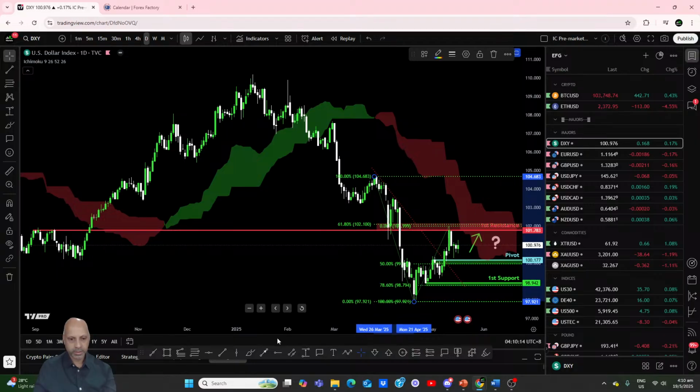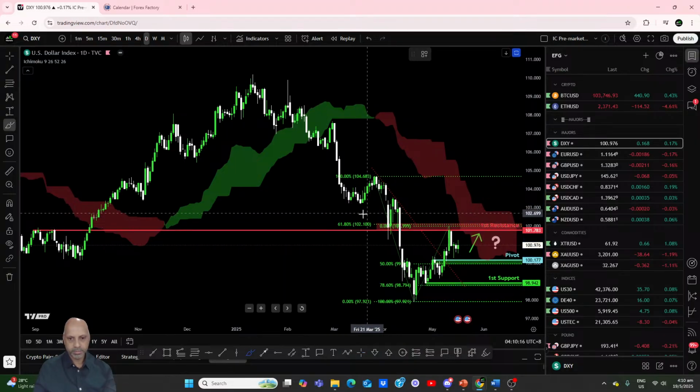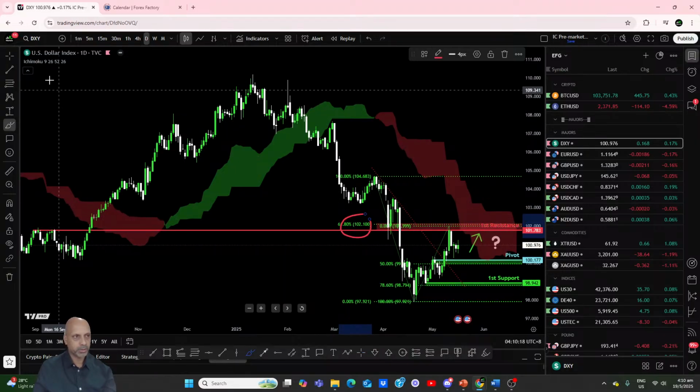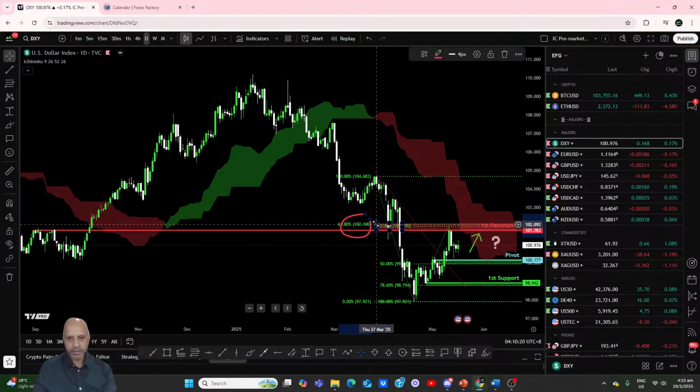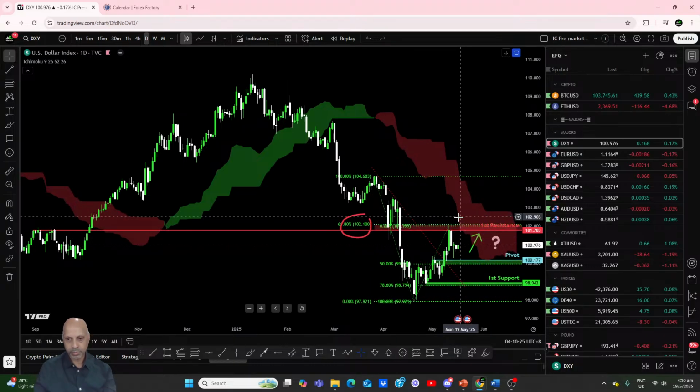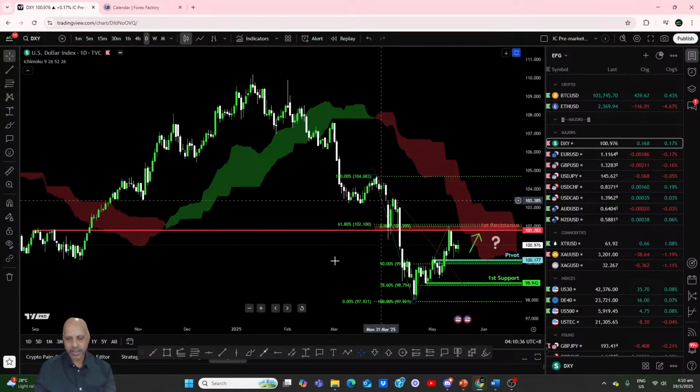When we look at the 61.8% Fibonacci retracement, it sits pretty close to the overlap level at 101.78. So this is a pretty strong resistance barrier. There's an overlap resistance at 101.78, we've got the 61.8% Fibonacci retracement, and of course we've also got the red Ichimoku cloud. Three factors identifying a pretty strong overhead barrier.